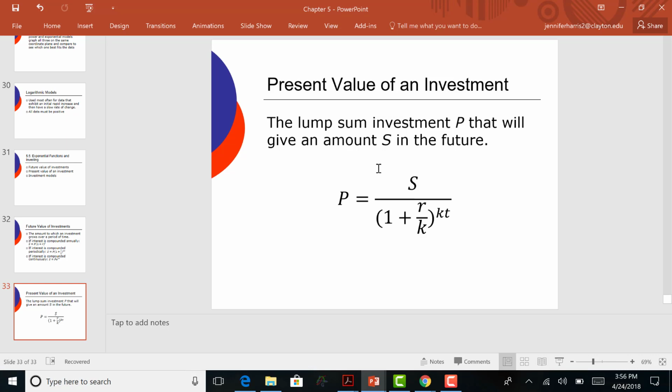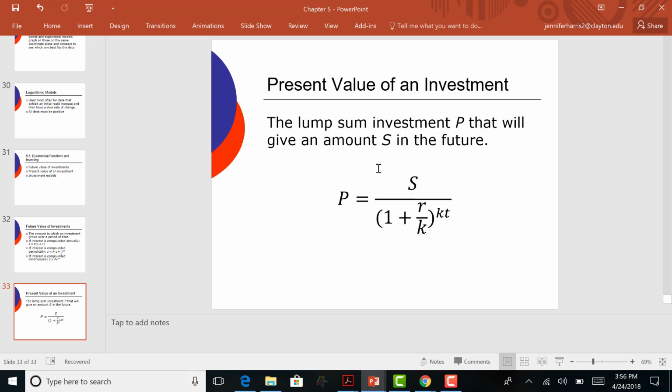If you get one of them, the goal is that you can figure out what the other one is. The lump sum will always have the division in it. You got it? So are we just going to plug numbers in? Yes, we are. Well, let's talk about the lump sum formula for a second.